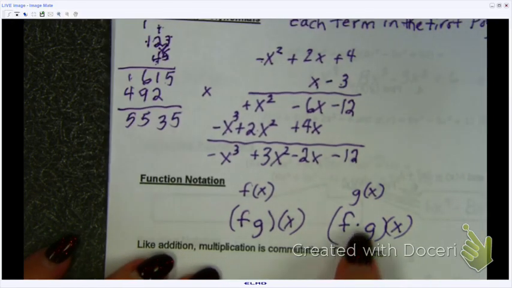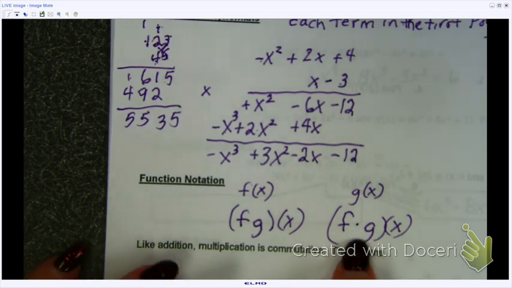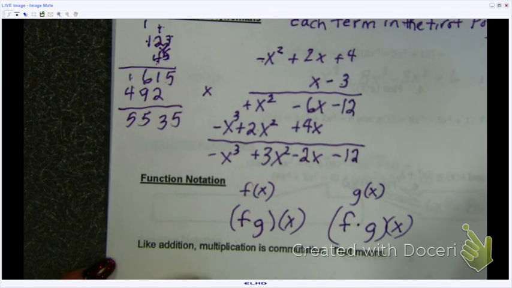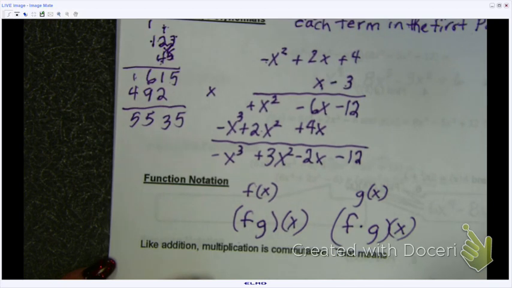We try to stay away from this one because one of the next things you're going to learn is called composition of functions. And the composition of functions is f and a little open dot. This means composition.